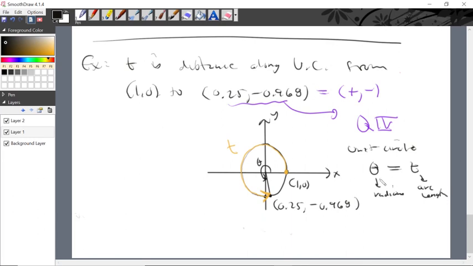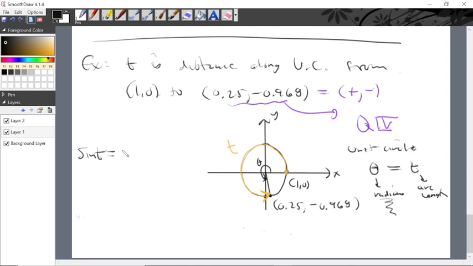This is always true in the unit circle, and it requires that theta is in radians. So if we wanted to find the sine of t, it's the same as finding the sine of theta. It means the same thing as long as theta is in radians and we are in the unit circle.